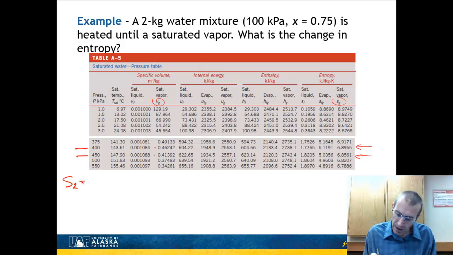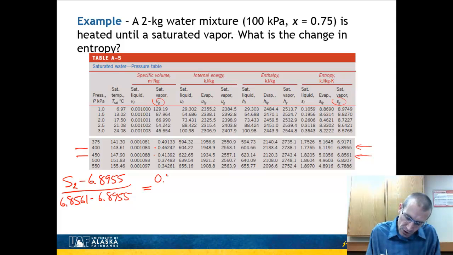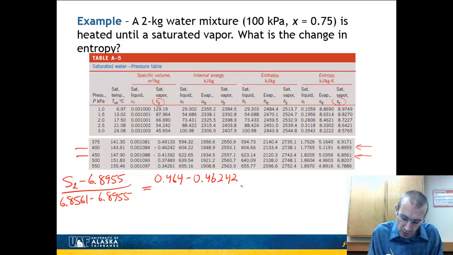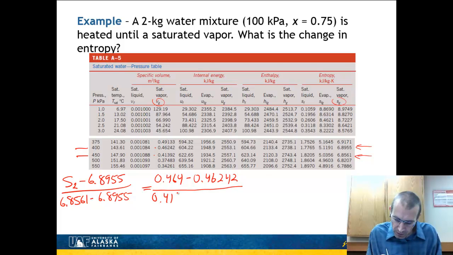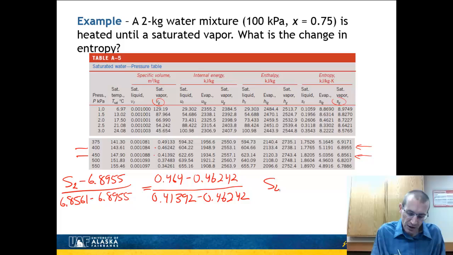So we have S2 minus 6.8955, over 6.8561 minus 6.8955, is equal to, and then I'm going to use the volume, 0.434 minus 0.46242, over 0.41392 minus 0.46242, to find out what S2 is.